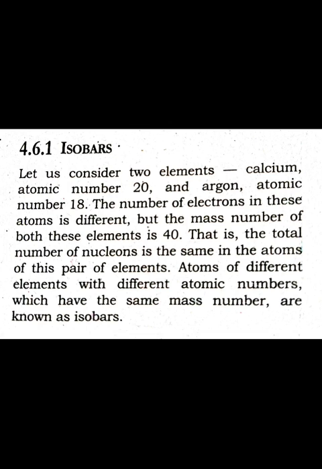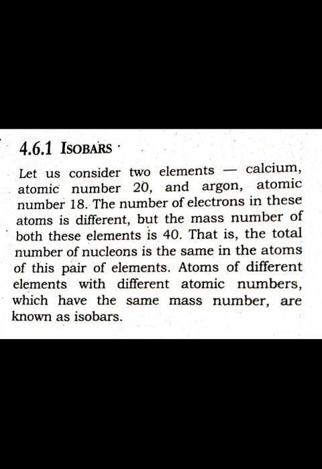The atoms of different elements in which the atomic numbers are different but mass numbers are the same are called isobars. So here the total number of nucleons remains the same. What are nucleons? The particles present in the nucleus. Here protons and neutrons. So the total number of protons and neutrons remains the same.